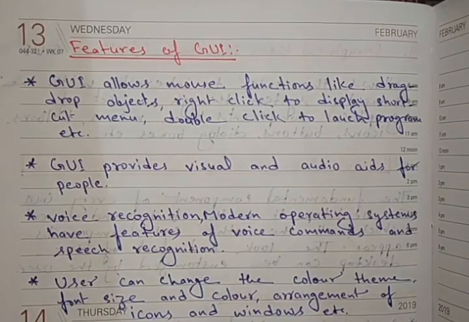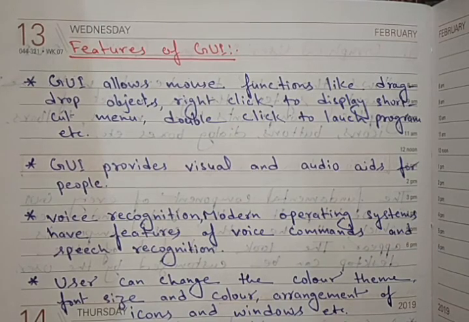Here are some pictures of the graphical user interface. First one is the mouse function. Graphical user interface allows mouse functions like drag and drop objects, right click to display a shortcut menu, double click to launch a program, selecting text, and scrolling the content of a document or a website. The second one, the accessibility features.